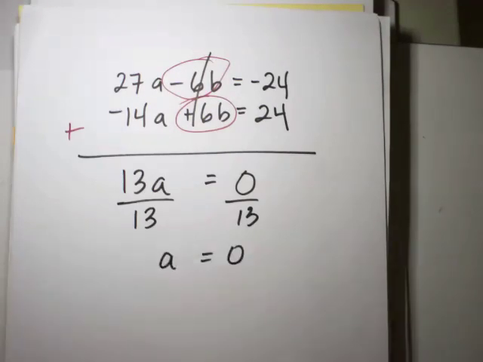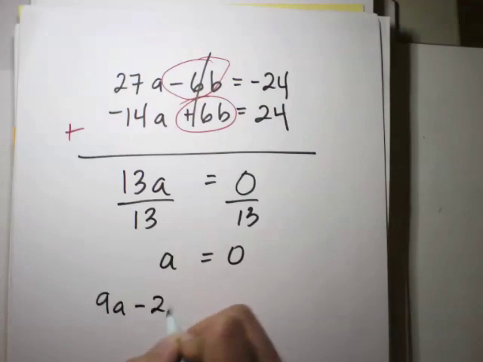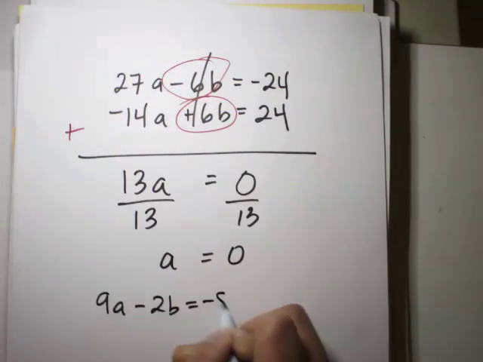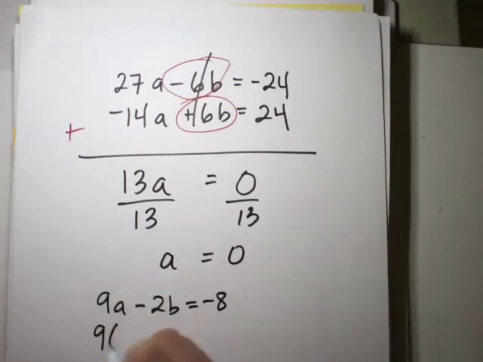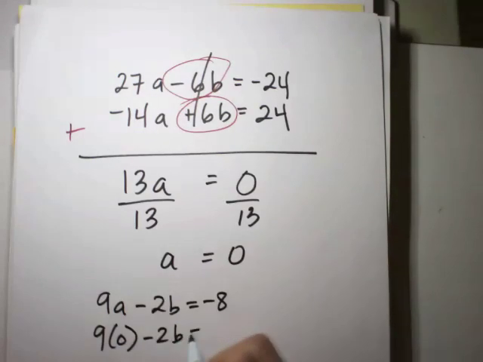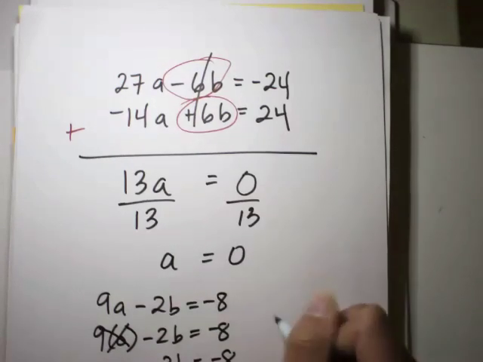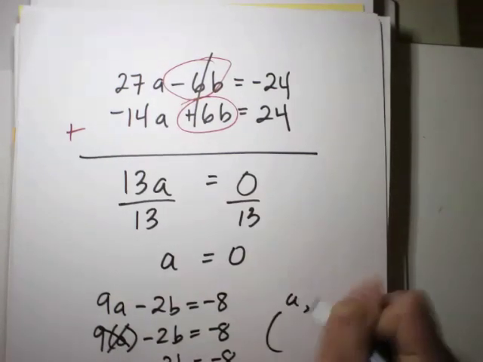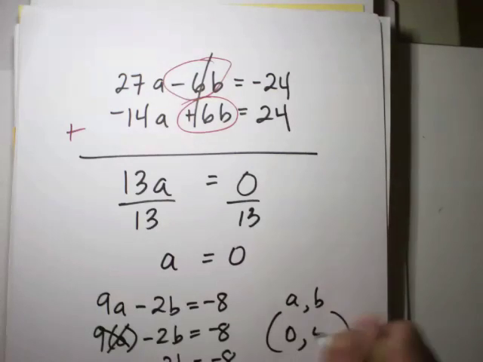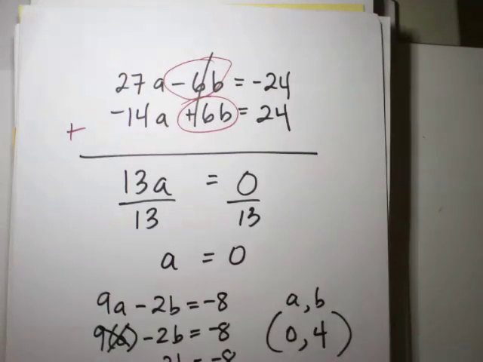So original equation number 1 was 9a minus 2b equal to negative 8. We're going to substitute in 0. That will cancel out. I'll have negative 2b equal to negative 8. Dividing by negative 2, b will be equal to 4. So now I have my a, b, 0, 4 as my solution.